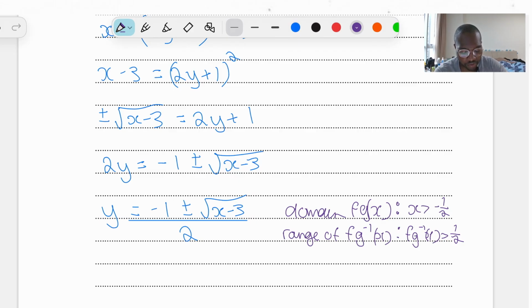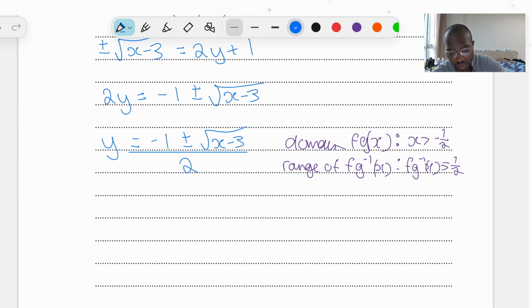So if we look at this, we have minus 1 plus or minus the square root of x minus 3. In order to make that greater than minus a half, we can see that for that plus or minus, the only way is if we get rid of the minus. So therefore y would just become y is equal to minus 1 plus the square root of x minus 3, all over 2.